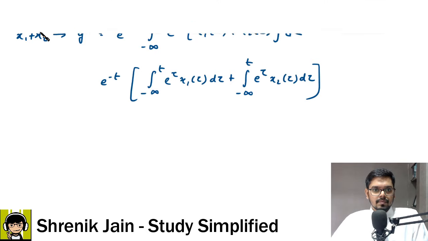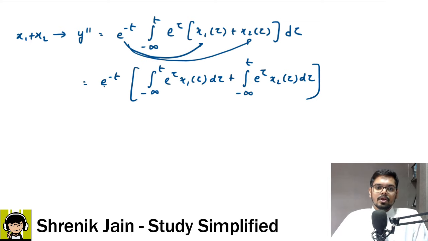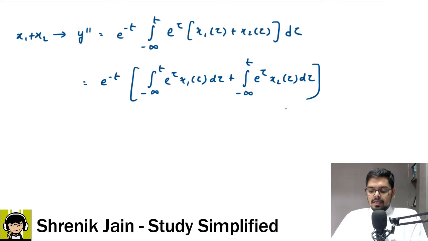Check it out. Are you getting the point? This thing multiplied here and then multiplied here. So e to the power minus t would be for both. Then integral, you can see integration 2 times, and you can say that yes, y double dash and y dash, they are same to same.